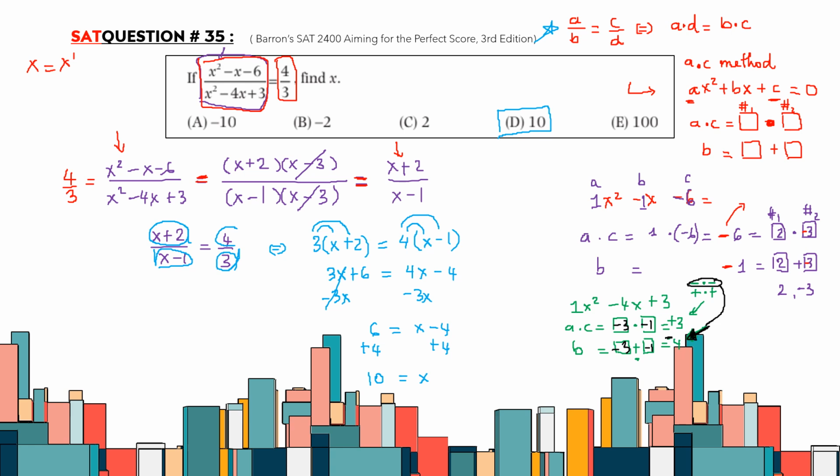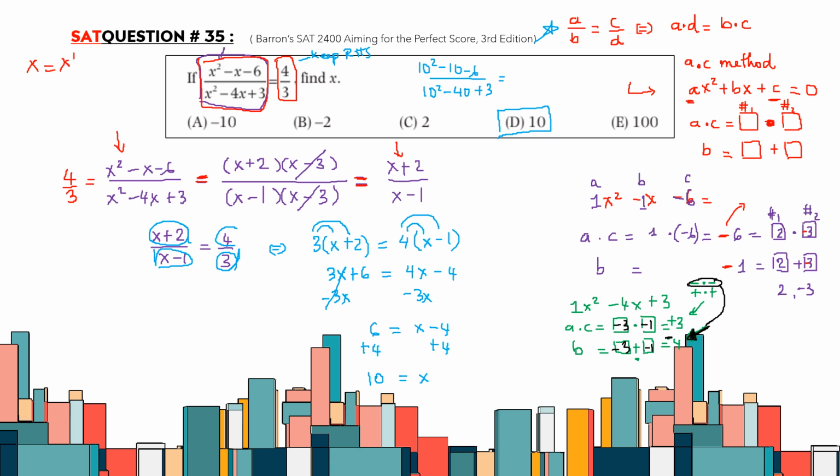So to check if this one is correct, we can keep the right hand side. We plug in x equals 10, so we'll have 10 squared minus 10 minus 6 over 10 squared minus 40 plus 3.